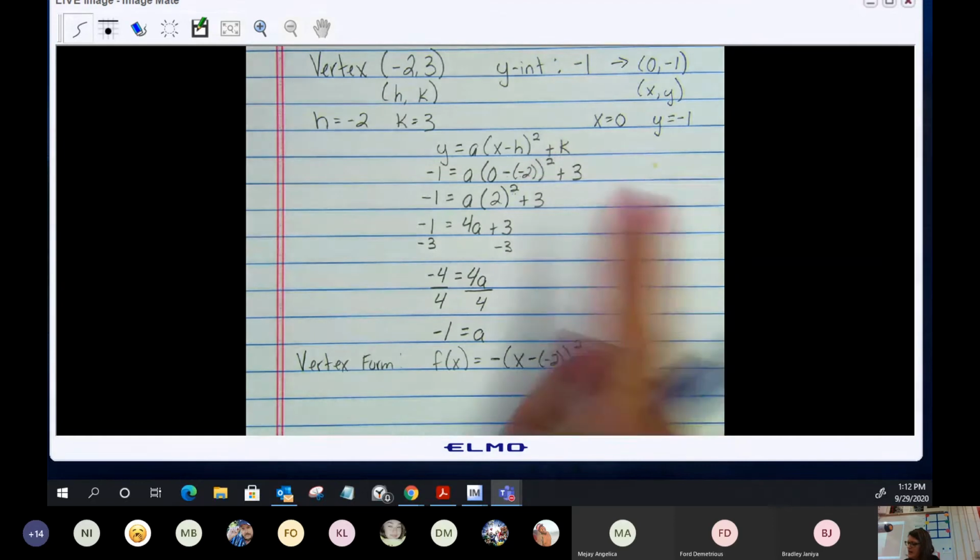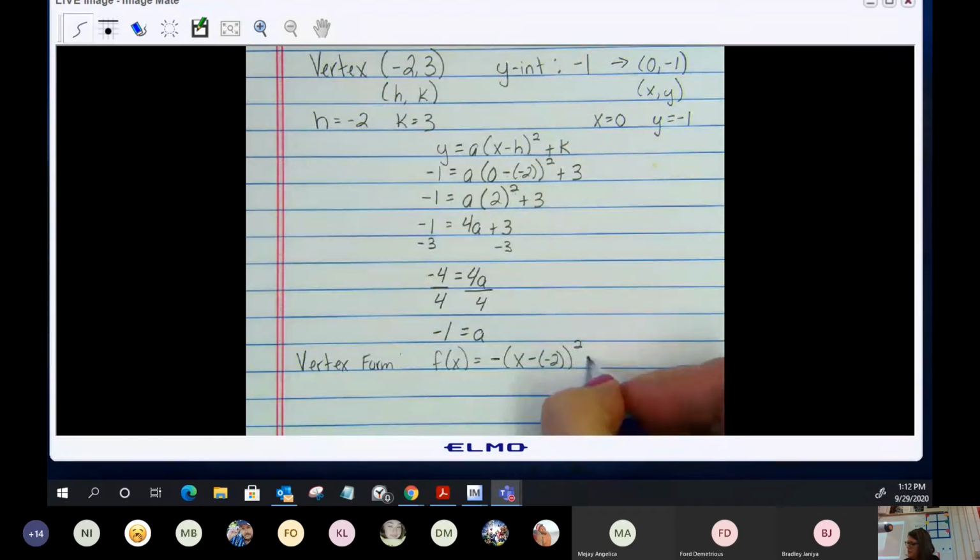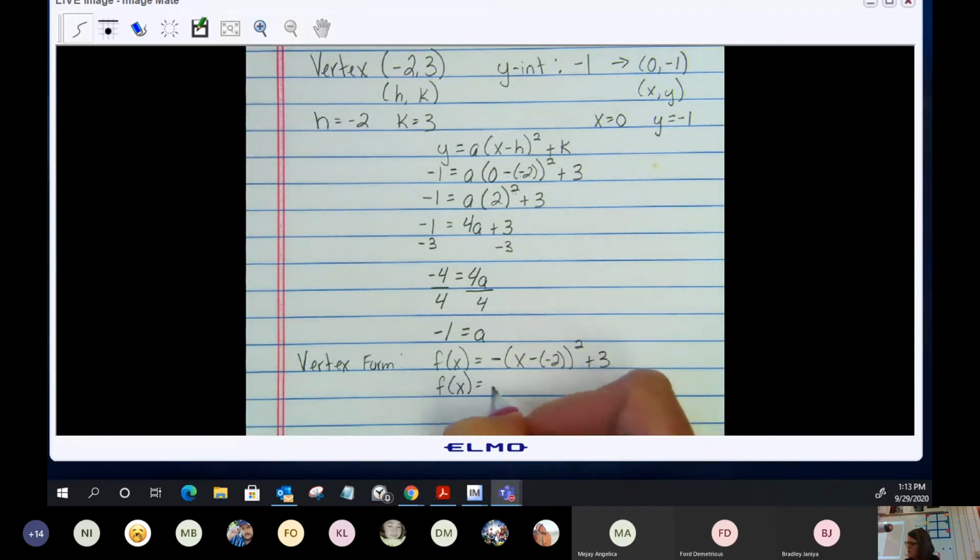Now I'm going to add in that k, and my k value is 3. And now I'm just going to simplify this. Again, this is probably something you could do in one step. A negative minus a negative is a positive.